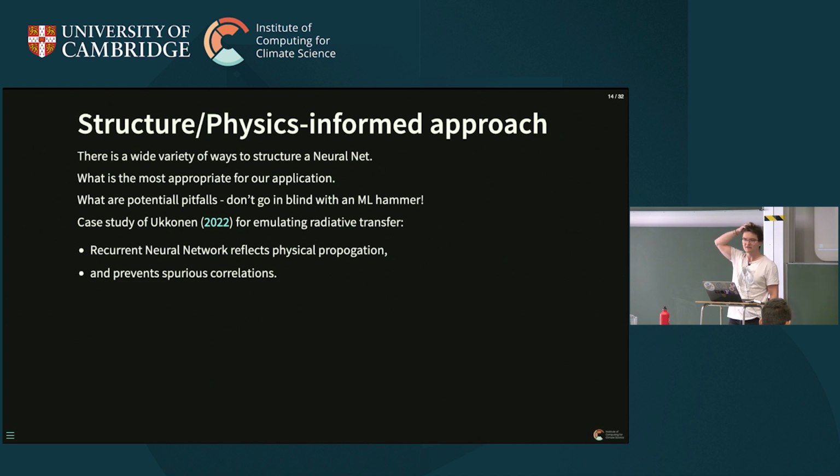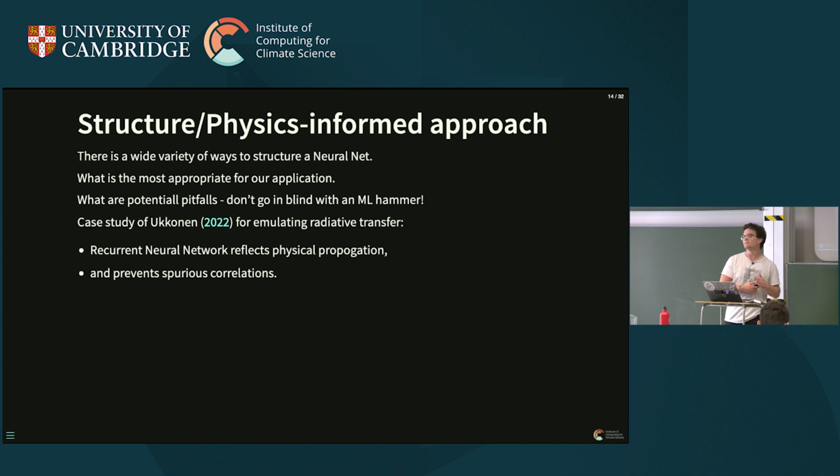Could anyone think of why it might be a problem to use a fully connected net for this? So your inputs are, say, temperatures at different pressure levels throughout the height of the atmosphere. Well, you end up drawing connections that aren't there physically because there's no information flow.